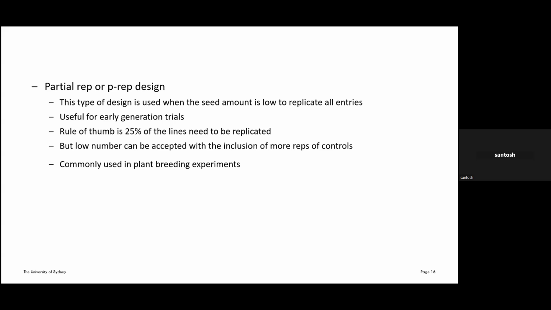As a rule of thumb, about 25% of the lines should be replicated in this kind of experiment. Sometimes we don't have even that much seed, so we go for a lower number of replications. In that case, we compromise by including more controls and more reps of the controls. This is very commonly used in plant breeding experiments.